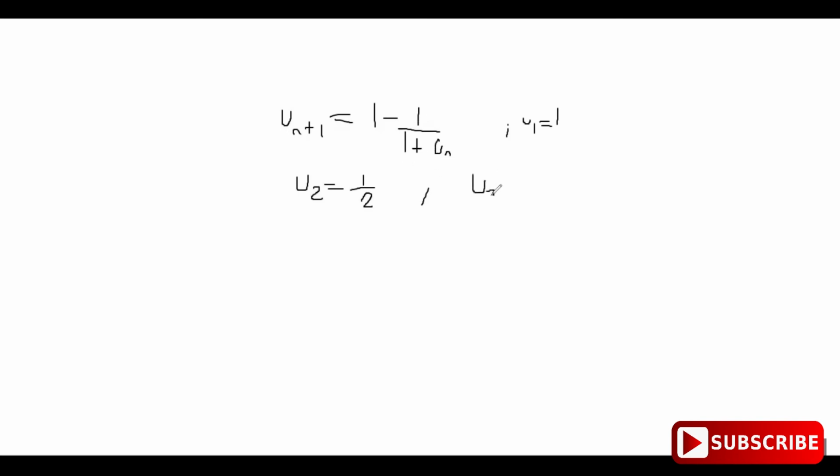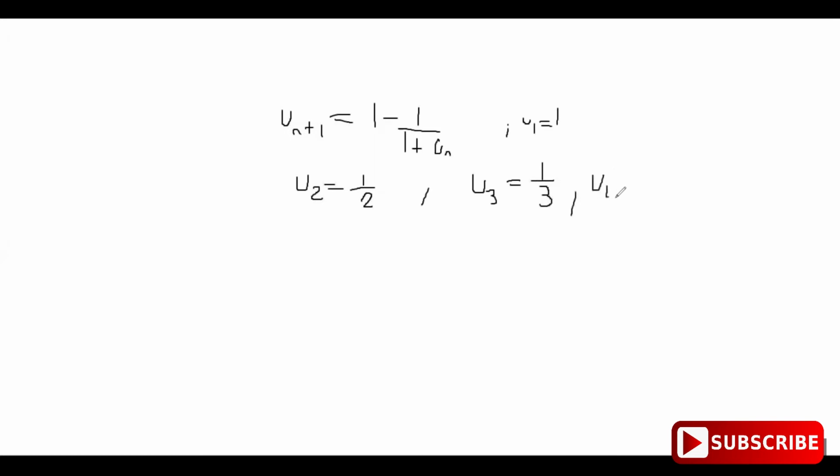Then u3 is 1 minus 1 over 1 plus u2. A half plus 1 is 1.5. 1 divided by 1.5 is 2 over 3. 1 minus 2 over 3 is 1 over 3. So u3 is 1 over 3.